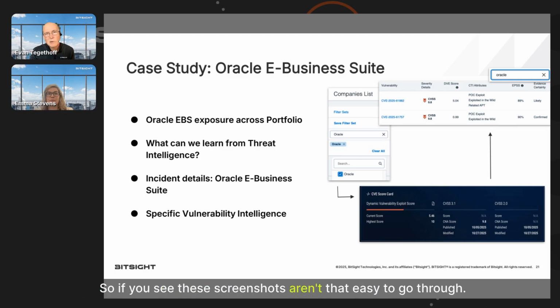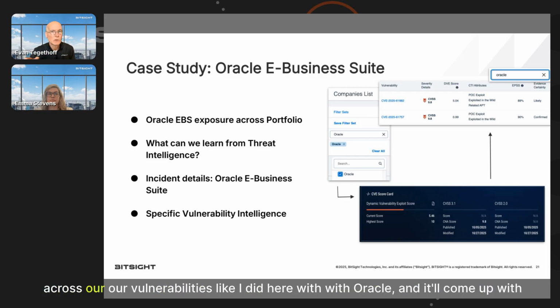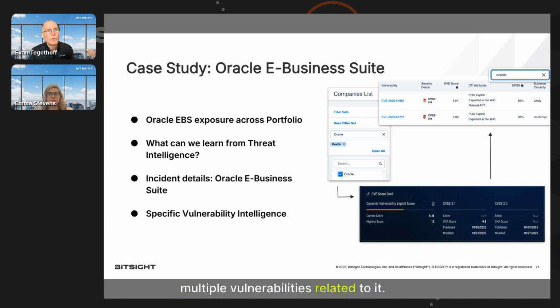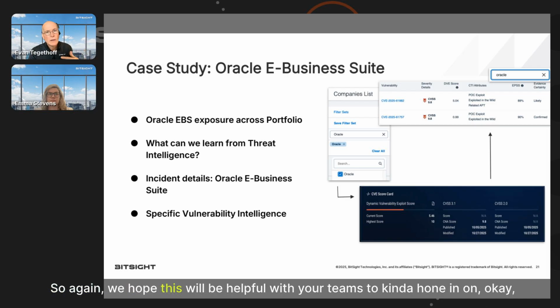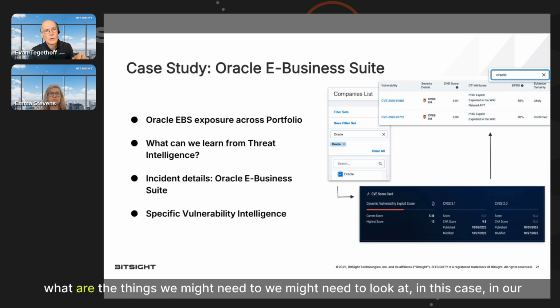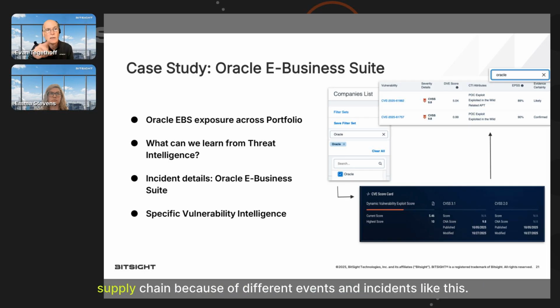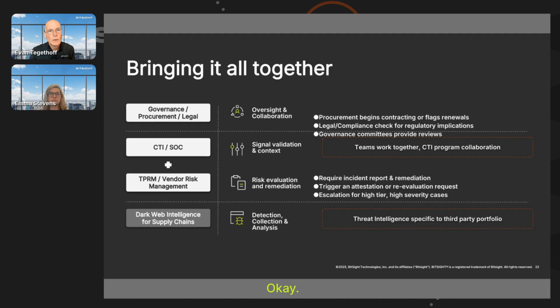So if these screenshots aren't that easy to go through, we can demo this for you, because you can do a text search across our vulnerabilities, like I did here with Oracle, and it'll come up with multiple vulnerabilities related to it. So again, we hope this will be helpful with your teams to hone in on, okay, what are the things we might need to look at, in this case, in our supply chain, because of different events and incidents like this.